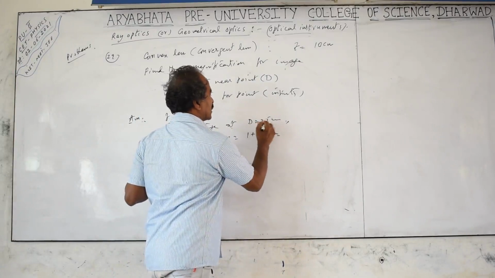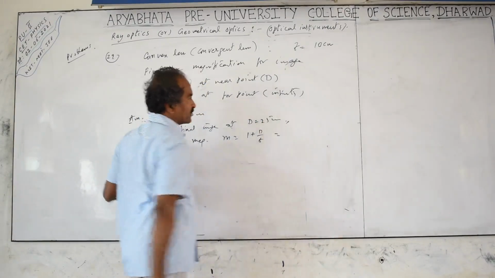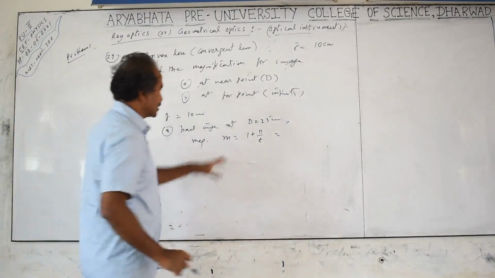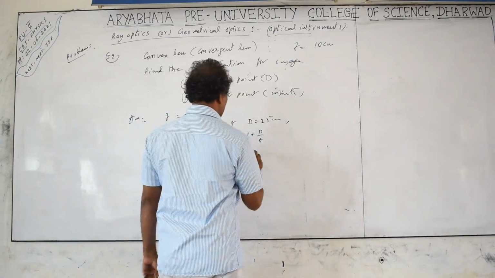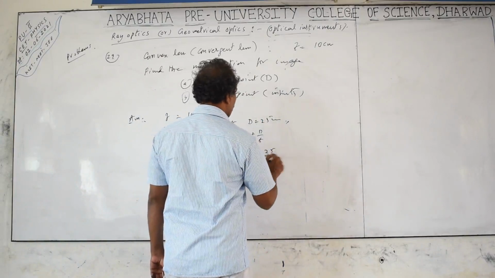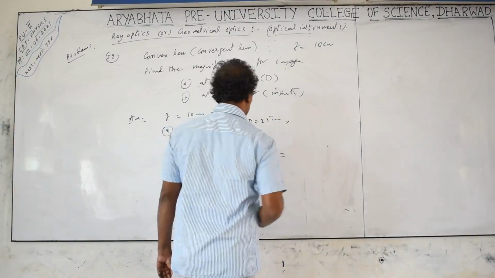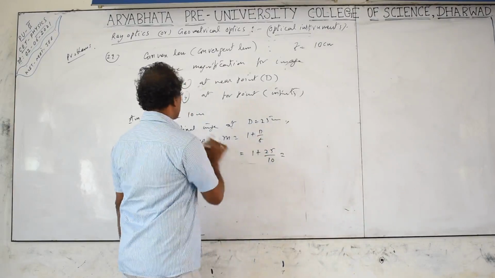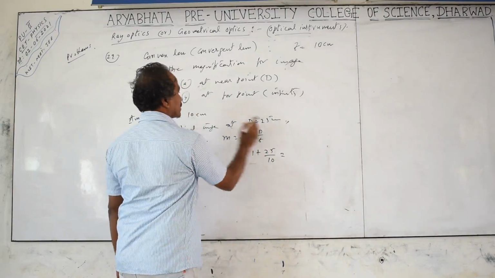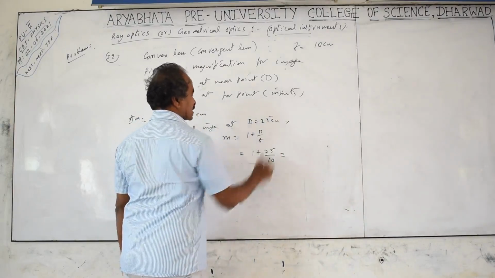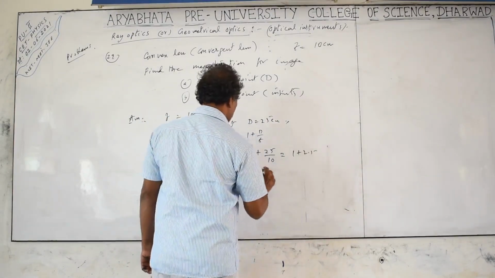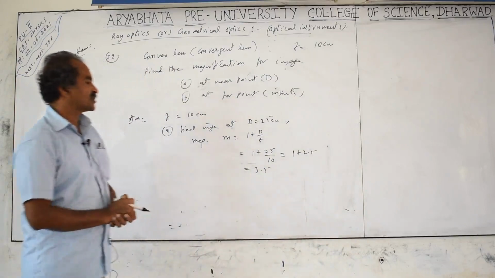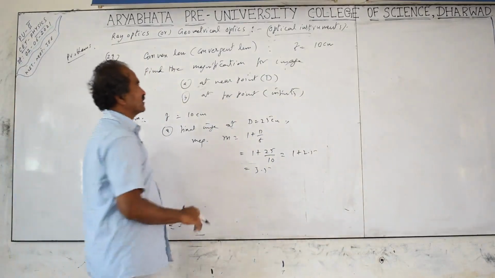This final expression is what we get after derivation with the sign convention, so don't substitute the sign conventions in final formulas. It is 1 plus 25 by 10. D and f are both in centimeters, so no need to convert to meters. The units cancel in the ratio, which gives 1 plus 2.5, which is 3.5. That means the image size is 3.5 times bigger than the object size.